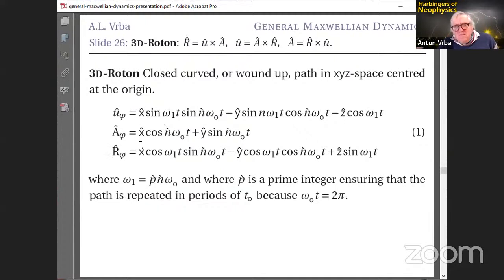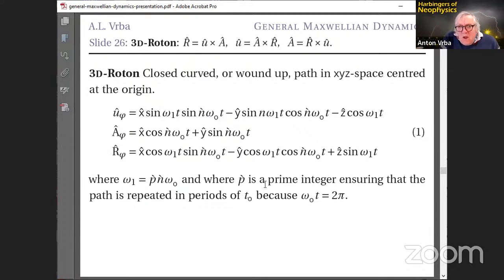The A vector is again a circle, basically on one plane, and the R vector would be three-dimensional as well. And I introduce that omega 1 is Pn, where P is a prime integer.